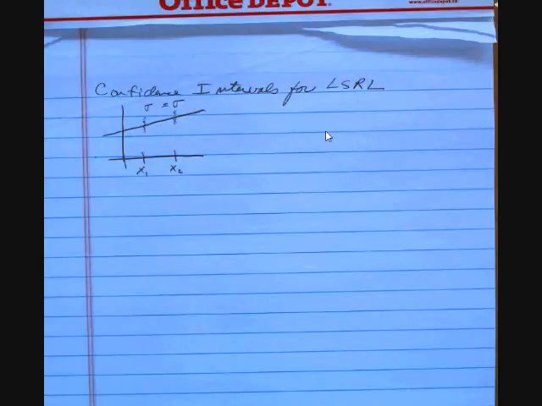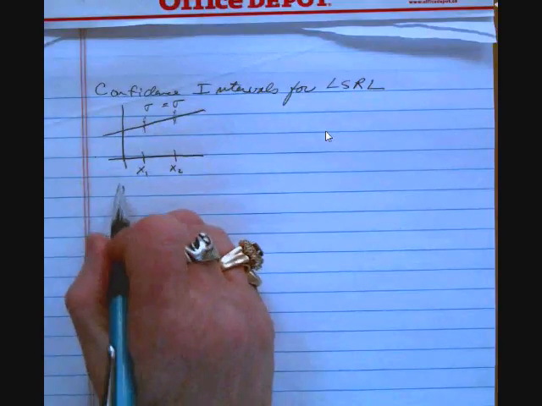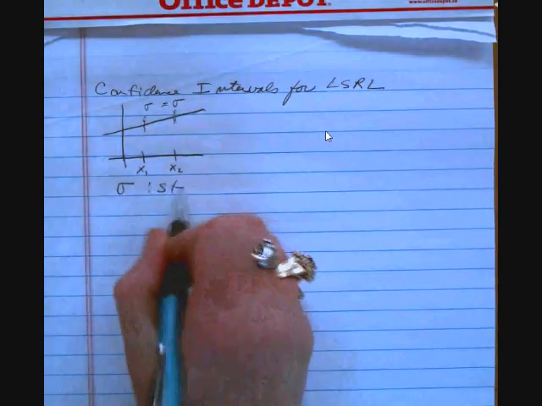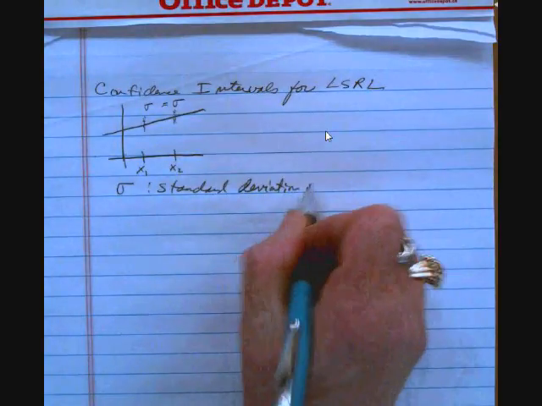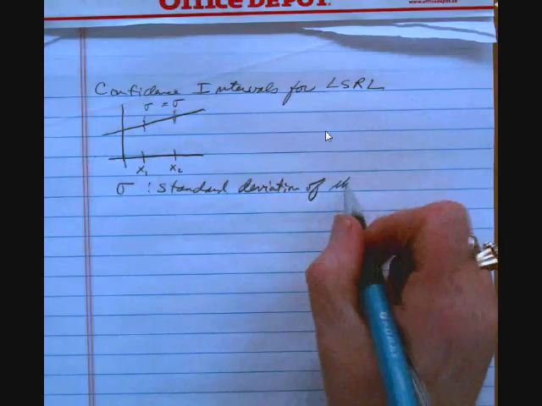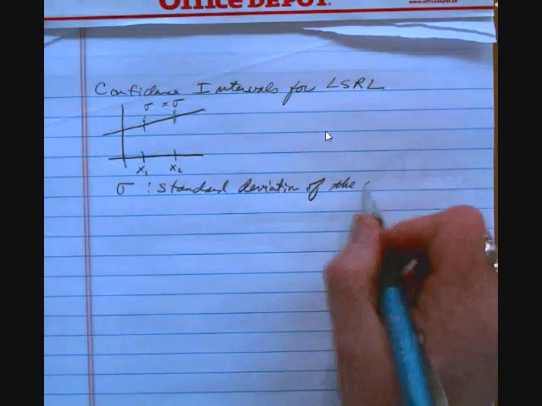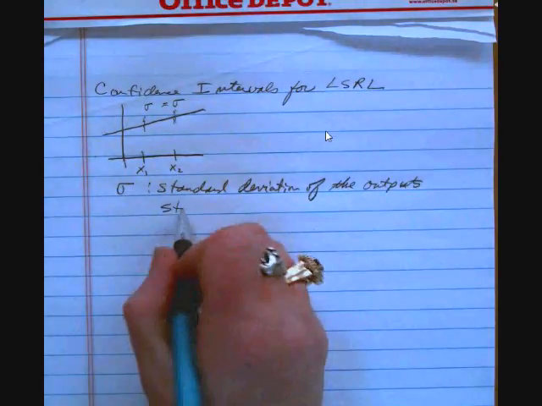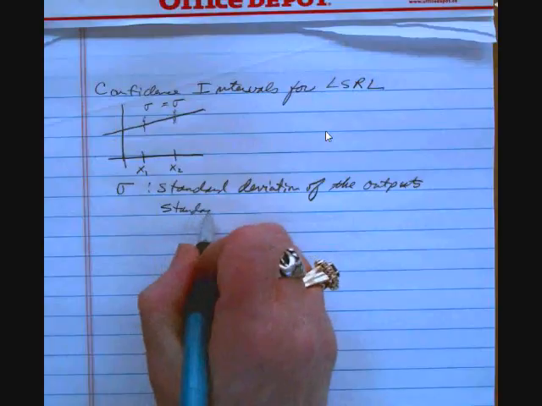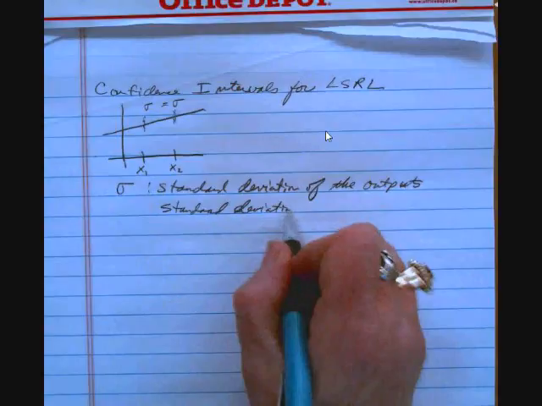So that standard deviation of the outputs is also called the standard deviation of the regression line.